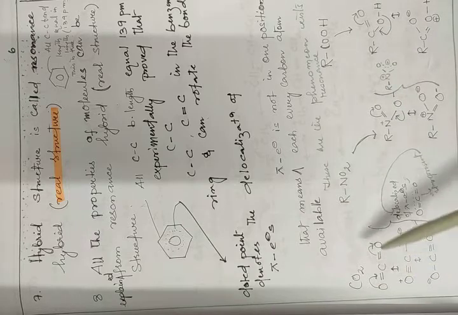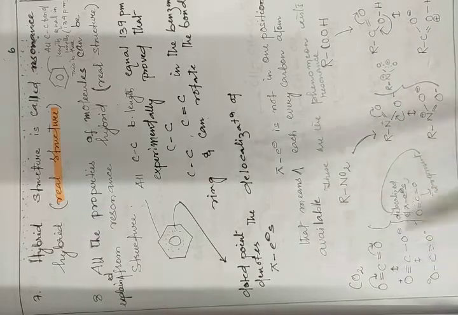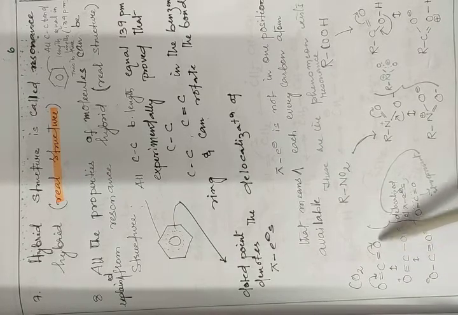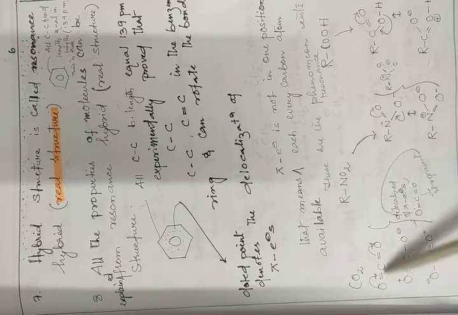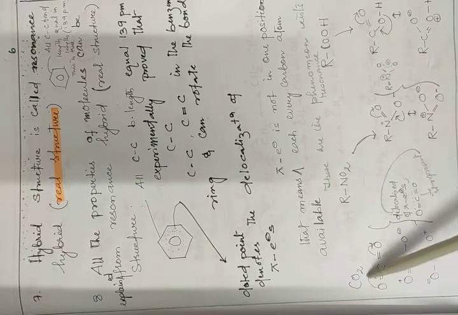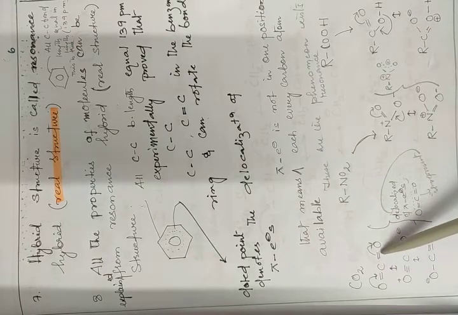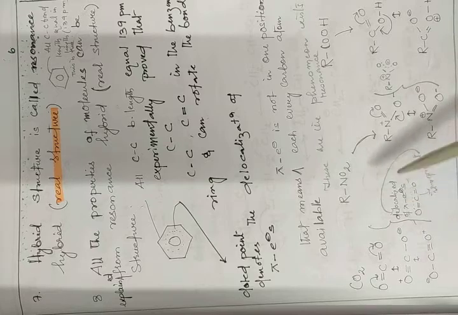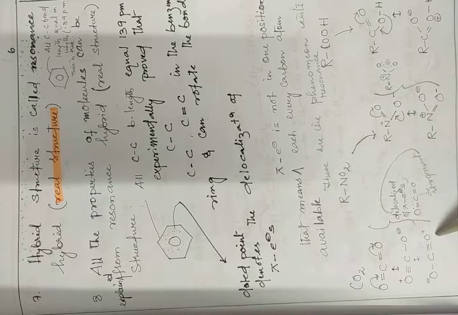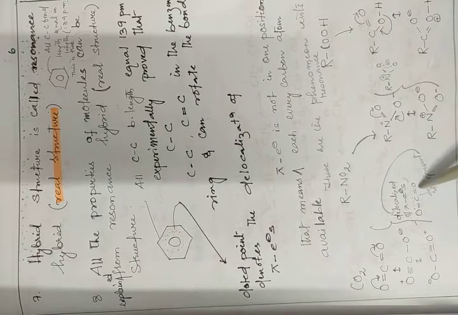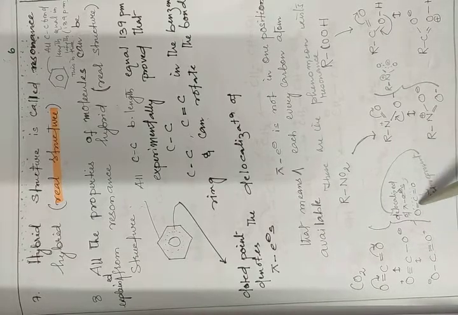Now here are some examples. In carbon dioxide, oxygen is double bonded to carbon. From here the electrons are given, and here a triple bond forms, and this one becomes a single bond with a negative charge. These show the delocalization of the pi electrons.